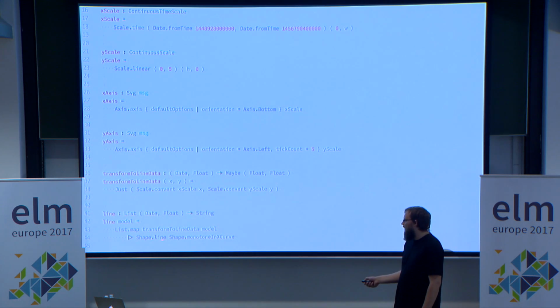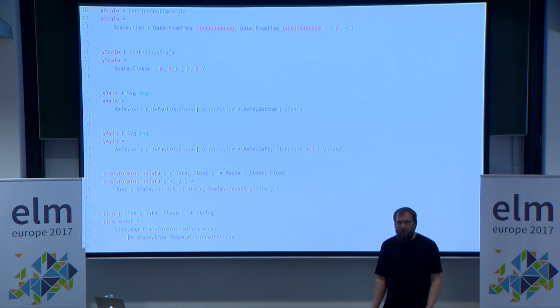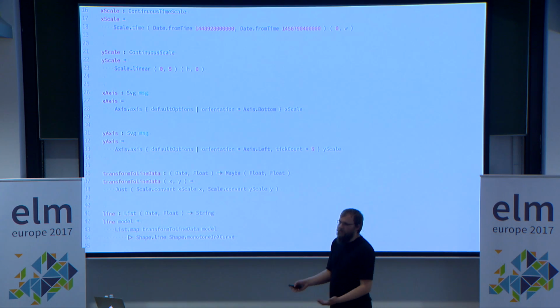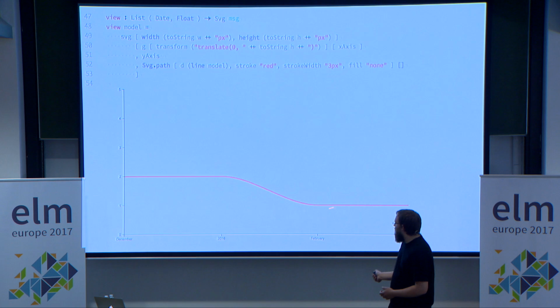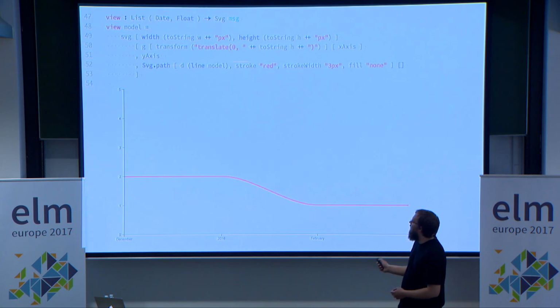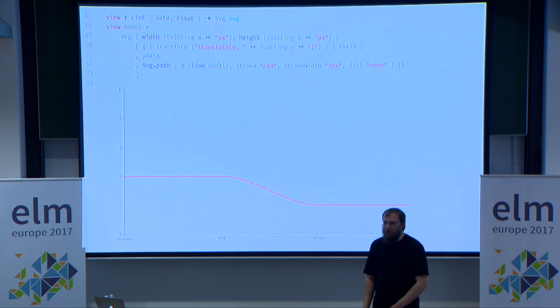And then we can feed it into a line generator that takes a curve function. So these are things I've talked about. And that will produce the appropriate string that we can feed into SVG, which we do here. I apologize, it didn't really fit on one slide. And so that's just where we feed the line data into this D attribute. And that actually renders this nice thing. And then we add in the axes that we defined before. And those line up here. And we've defined our whole plot.